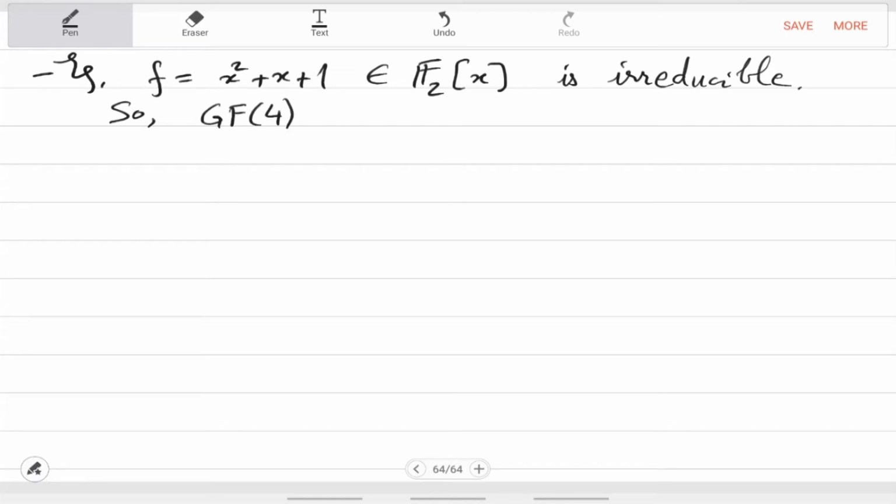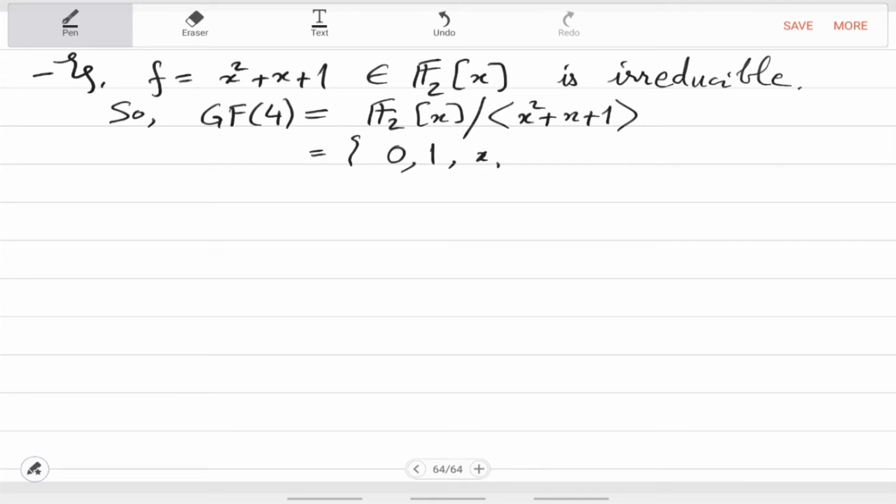So GF4 you can think of as just F_2[x] mod this polynomial. So this is the field GF4, and it has very few elements, right? So it has 0 and 1 from F_2. And what else?